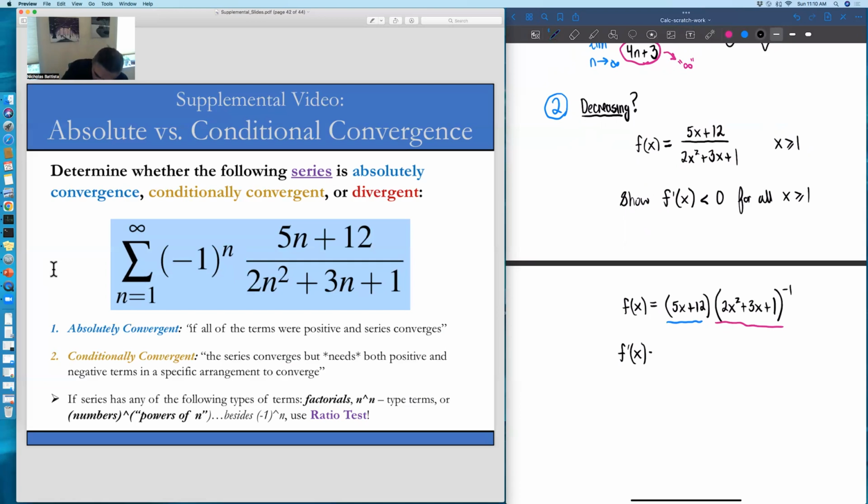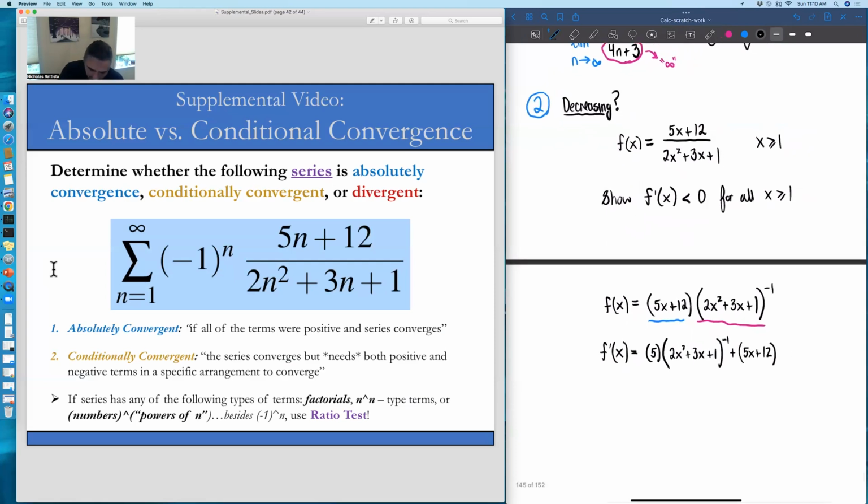Doing product rule, first we take the derivative of the first, the derivative of 5x plus 12, which is just 5, and we leave the second term the same, 2x squared plus 3x plus 1 to the minus 1. Next we do the opposite. We leave the first term the same, 5x plus 12, and we differentiate the second term.